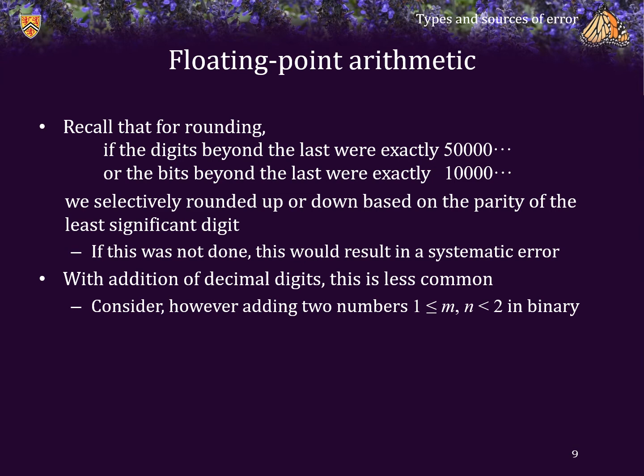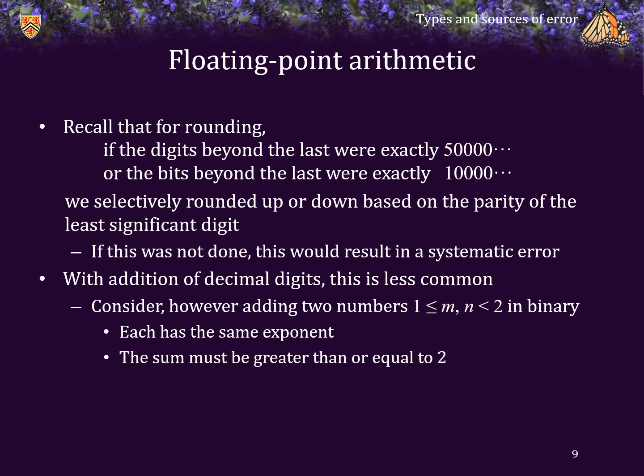Suppose we're adding two numbers m and n that are between 1 and 2, not including 2. In binary, two such numbers will have exactly the same exponent. However, you're also absolutely guaranteed that their sum will be greater than or equal to 2, and so you're guaranteed that their sum will have one additional value in the exponent.